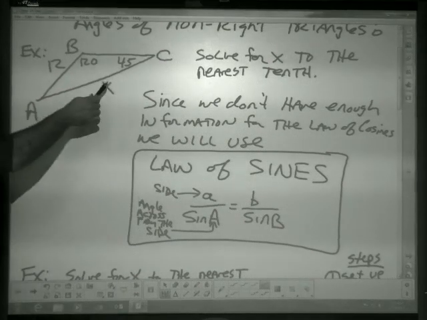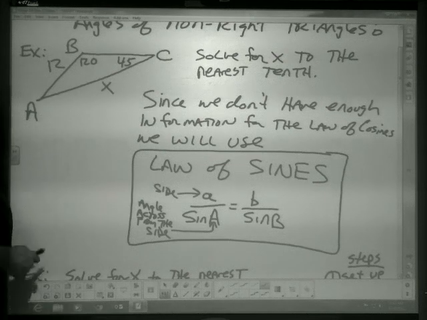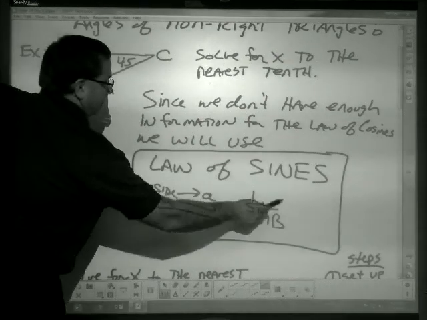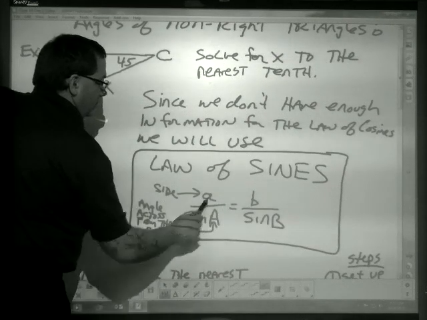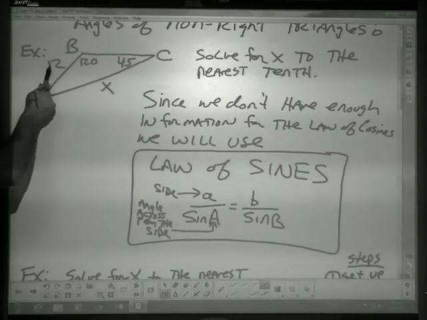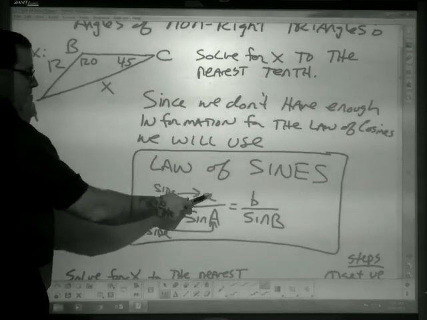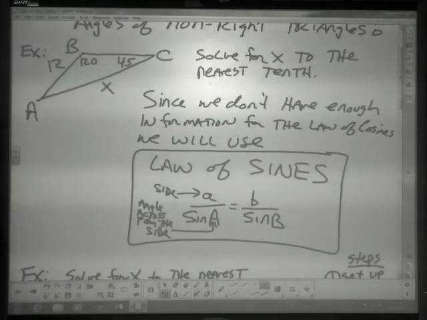So here's the side, here's the angle across from the side. Here's the side, here's the angle across from the side. So if I was to set up this for this problem, I would say x over sine 20 equals 12 over sine 45. The side and then the sine of the angle across from it. Okay?